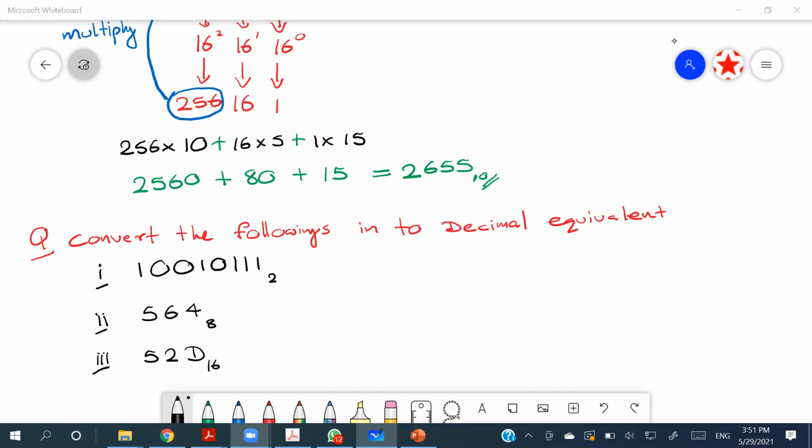Give it a try. That's correct. Yes, Ravidu, that is correct. That's the answer. Well done.